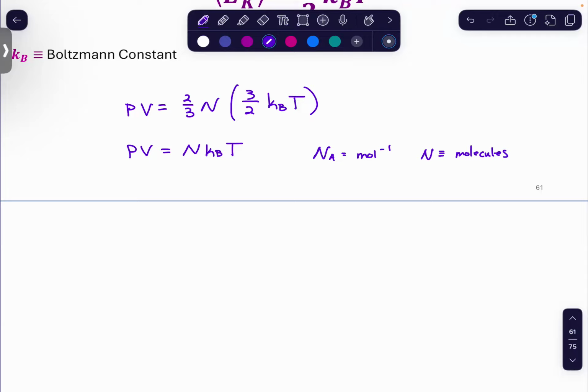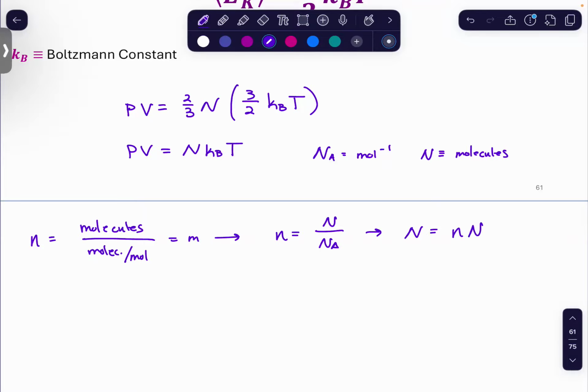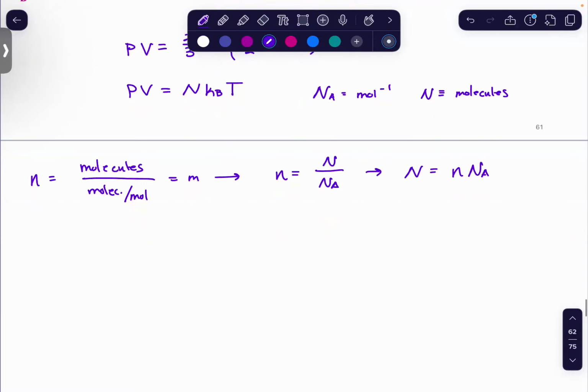So you remember, n is going to be molecules divided by molecules per mole. That's going to give me moles. But that means that n is going to be N over Avogadro's number, or number of molecules is going to be number of moles times Avogadro's number.